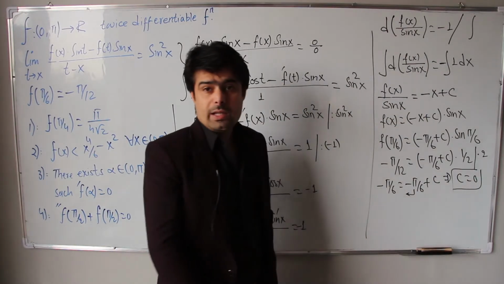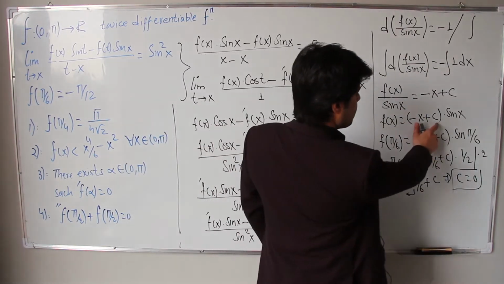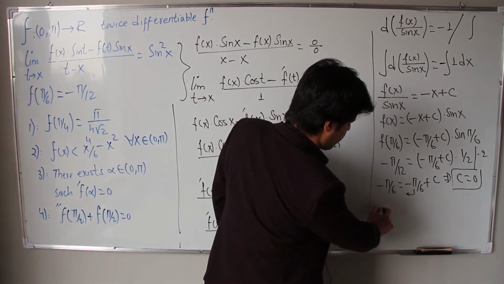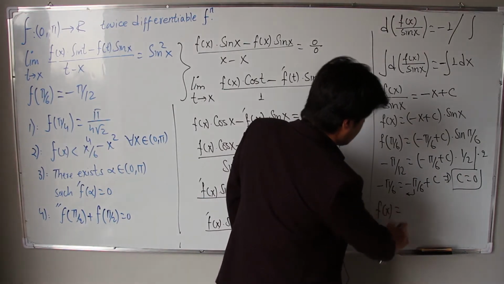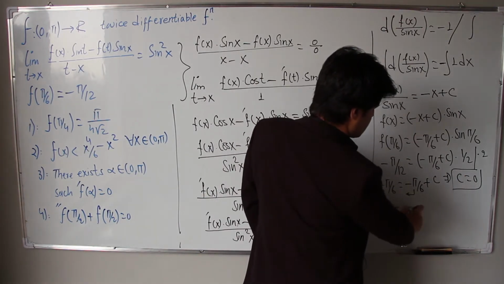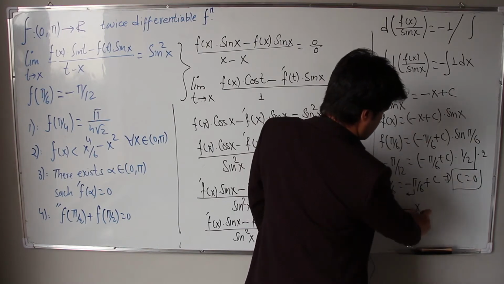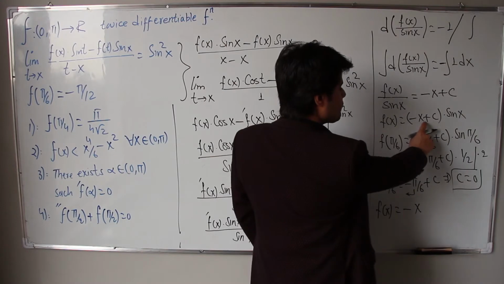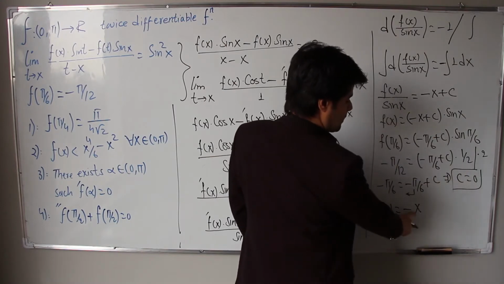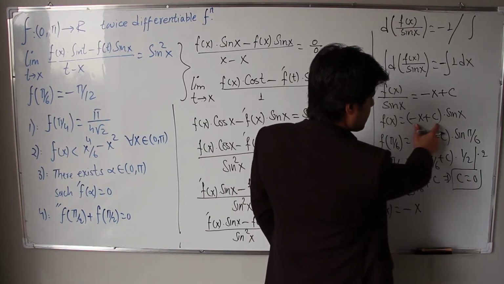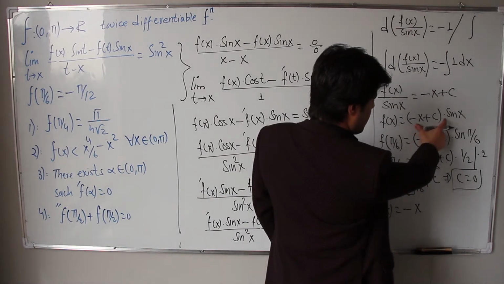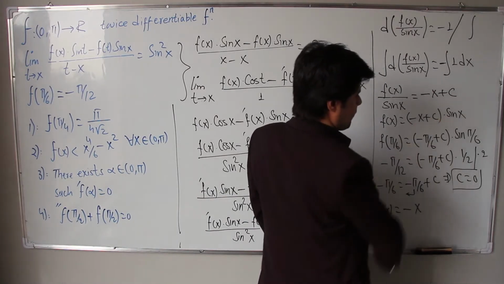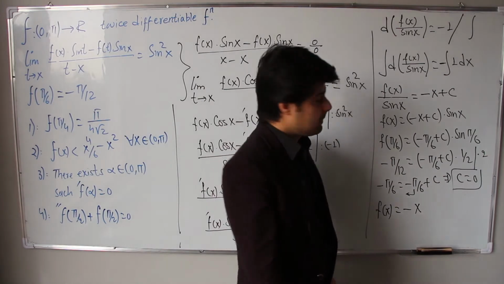Now when we find c, I will put it in here. So we have f(x) is minus x, and instead of c, we have 0, and 0 plus minus x, it's minus x, and this one is with the sign we have in multiplication case.